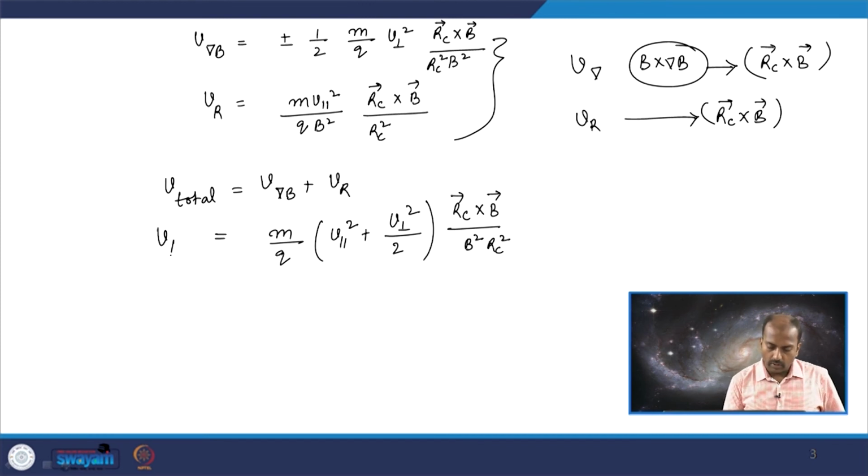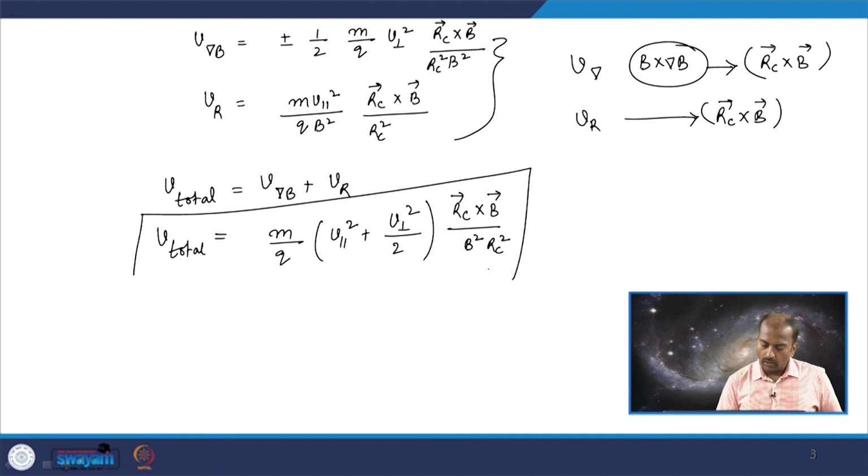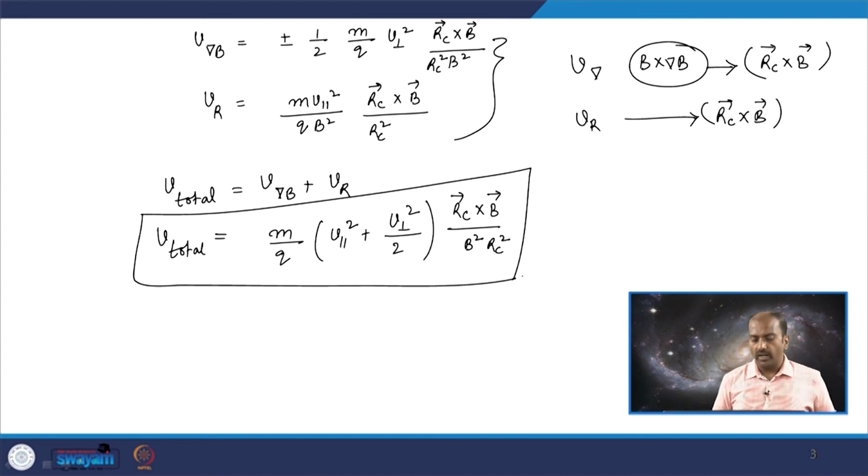So, this is the V total. This is the total drift velocity that the particle experiences when it encounters an inhomogeneous magnetic field whose magnetic field lines are curved, right. So, like I said in the last class, this drift velocity is perpendicular to RC and B, and it also seems to be dependent on the charge. So, V is proportional to 1 by q.